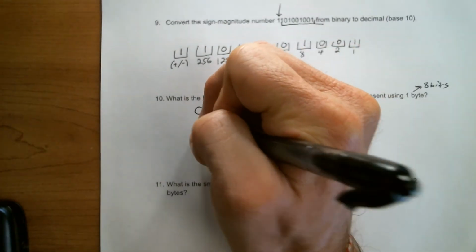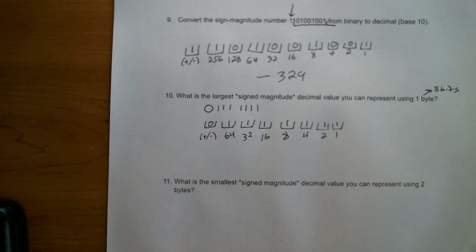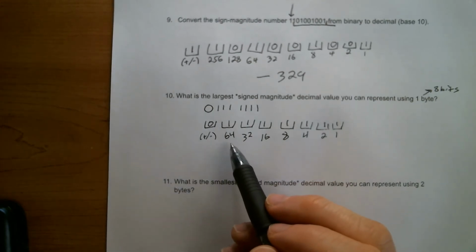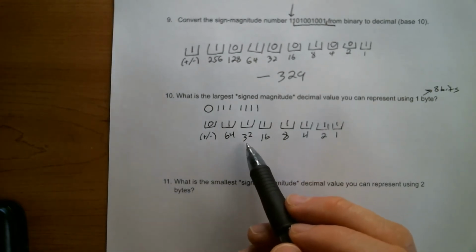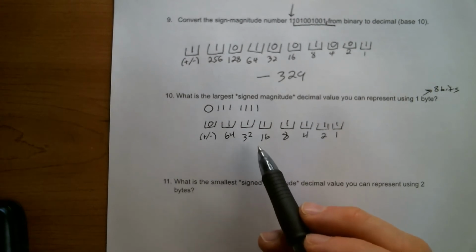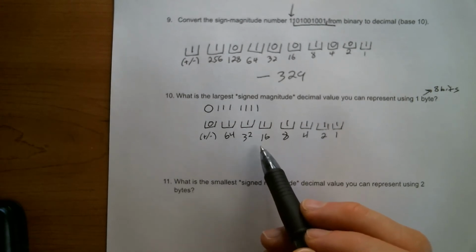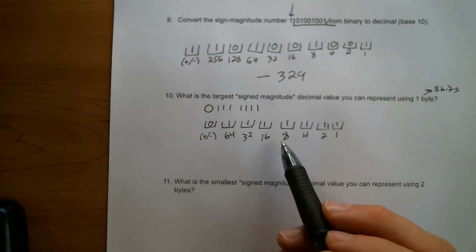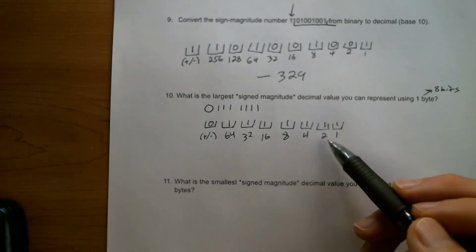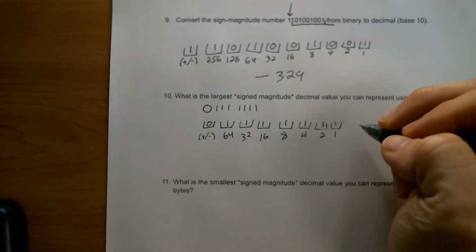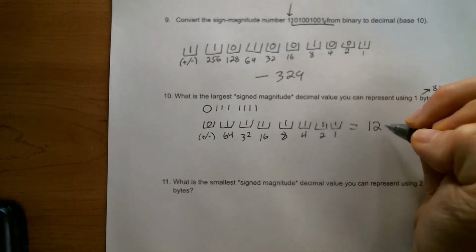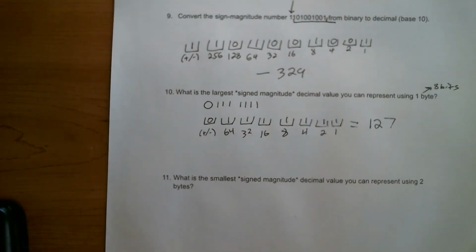This one has a 0, which tells us the number is positive. And then it's just saying, all right, 64 plus 32 is 96, 106, 112, 120, 124, 126, 127. All right, so this would be 127.